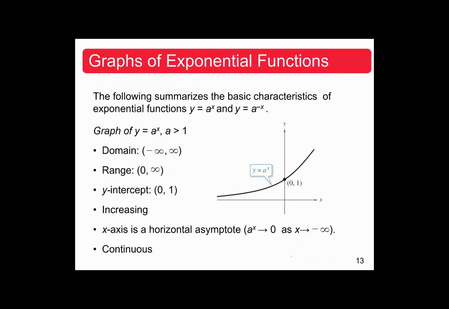The following summarizes the basic characteristics of the exponential functions y equals a to the x and y equals a raised to negative x. So for the graph of y equals a to the x, when a is greater than 1, the domain is all real numbers, from negative infinity to infinity.